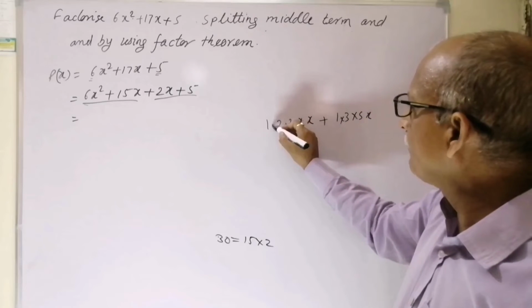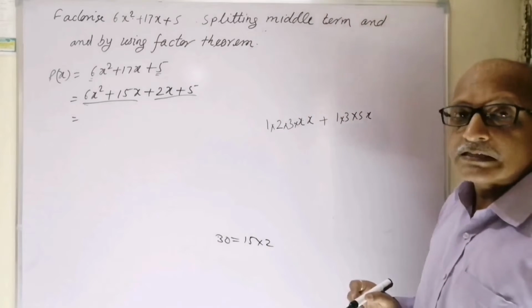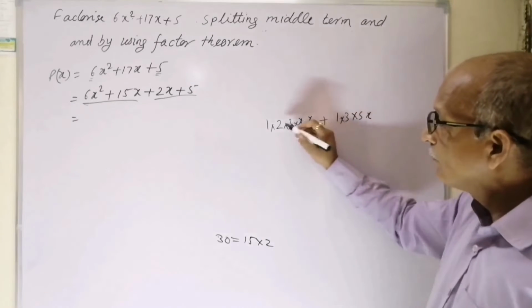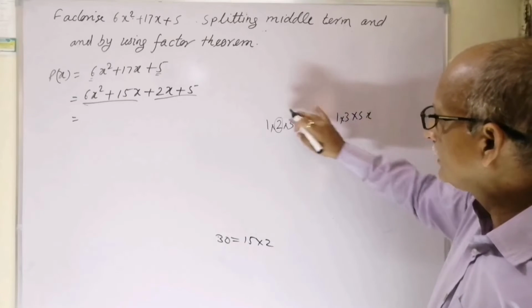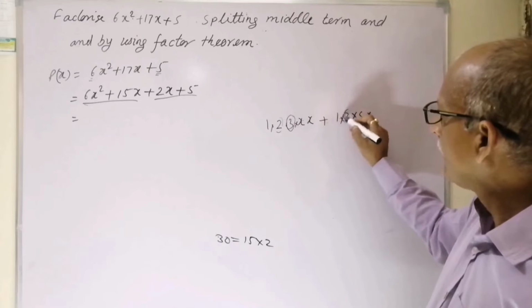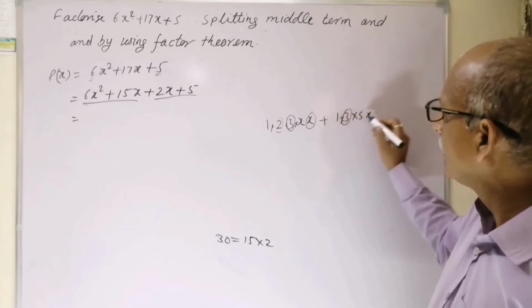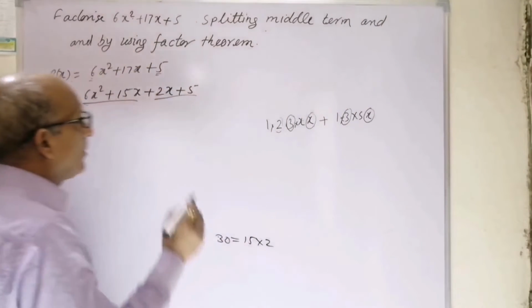All these are in multiplied form. So we can take that one common which is available in both of the terms. We can take here 3 common, and x is available here also. So we can take 3 and x common.